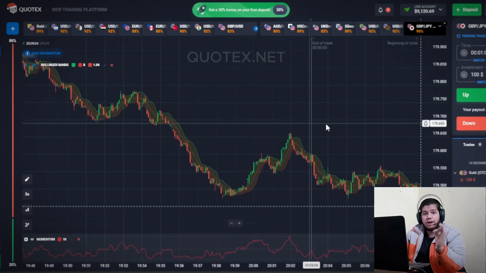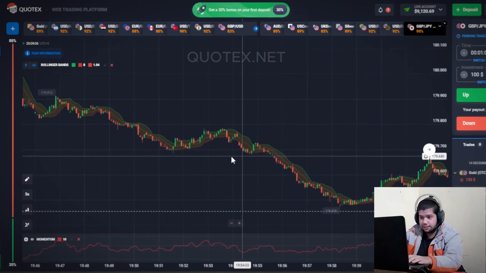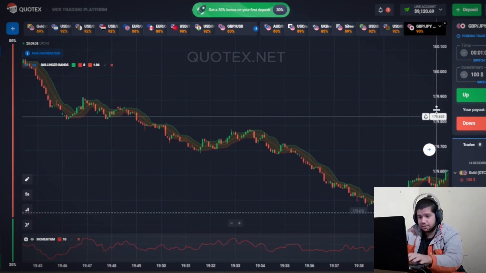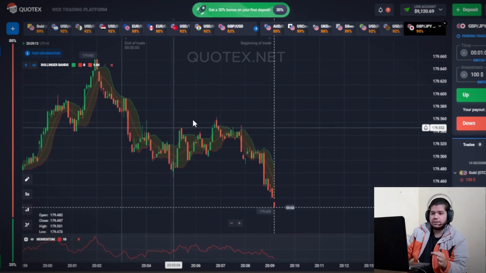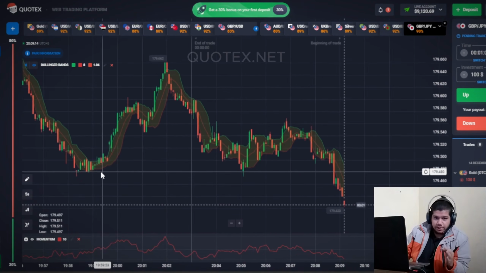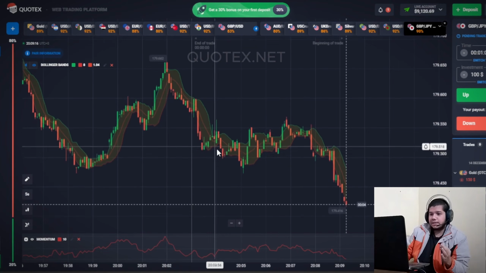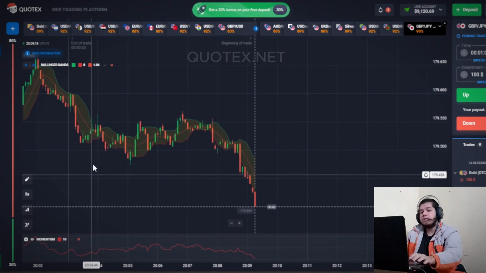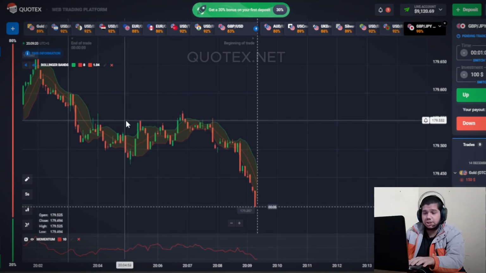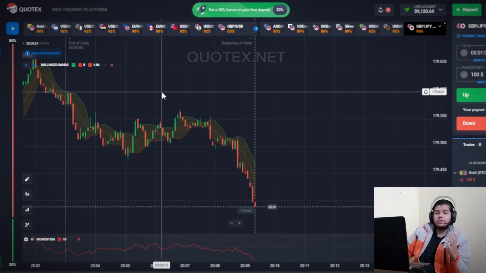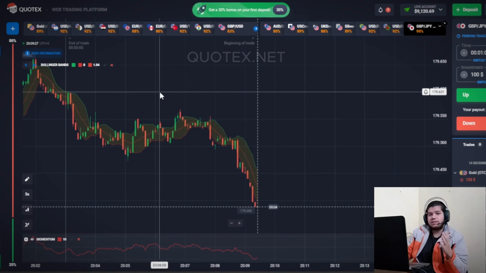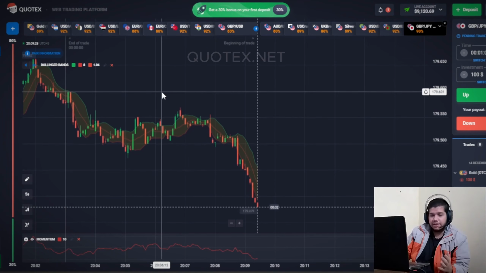Never use the trending markets. Like this sideways market I'm showing you on the screen, never ever choose the trending markets, because when you use these kinds of sideways markets, you will unlock the full potential of this trading strategy and get up to 80 to 90% accuracy with this single strategy.